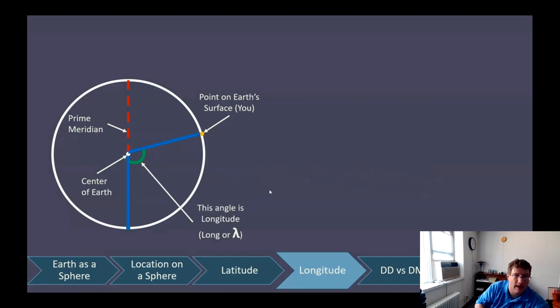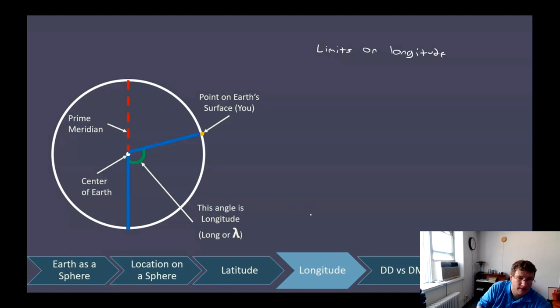So let's go ahead and look at the limits or acceptable ranges on longitude. What can longitude do? What acceptable values can it take given a point? We already know that by definition, this angle here is called longitude.